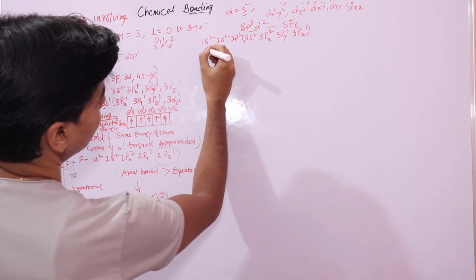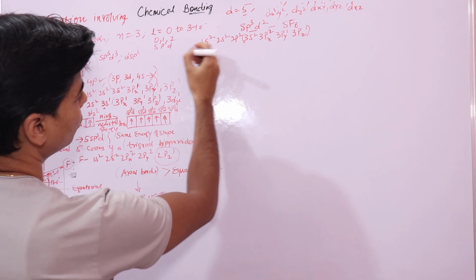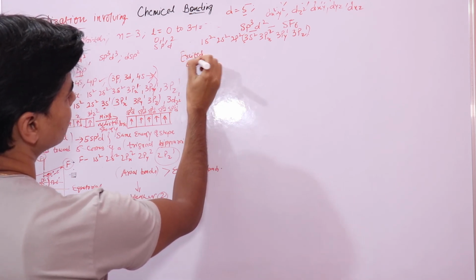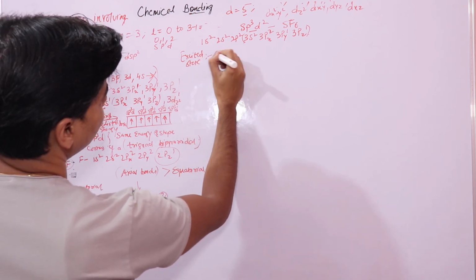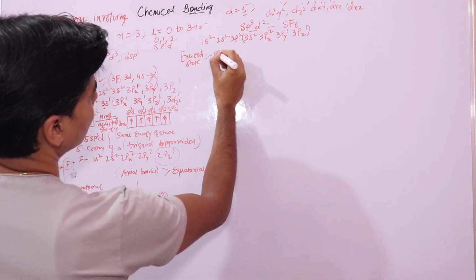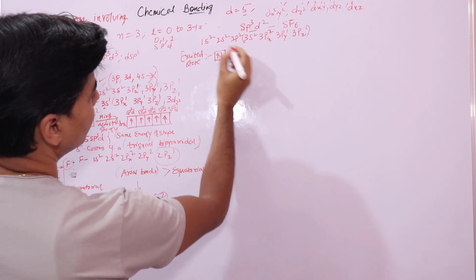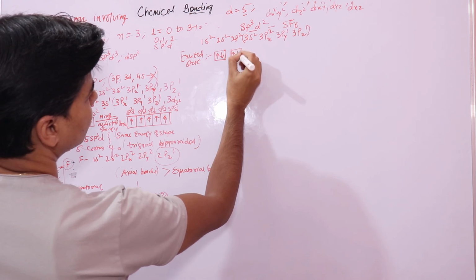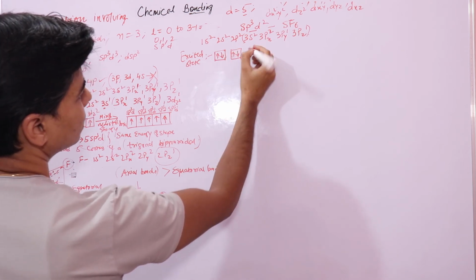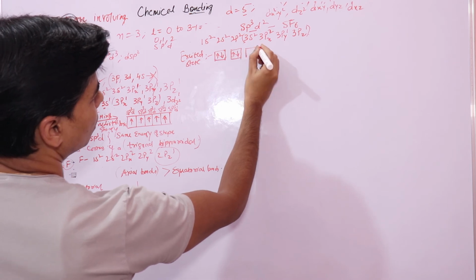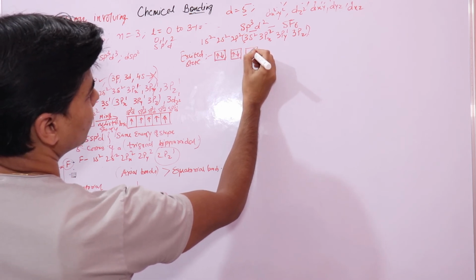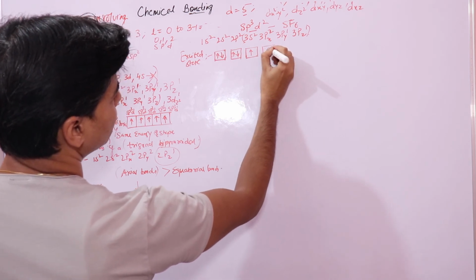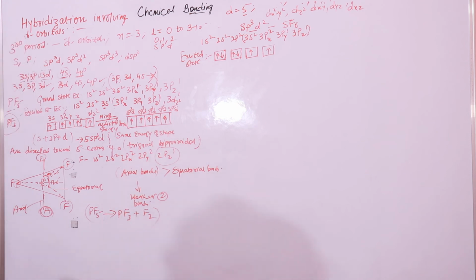So we'll just write down the excited state electronic configuration. It would be 3s2, then you have 3px2, then you have 3py1, then you have 3pz1, right?